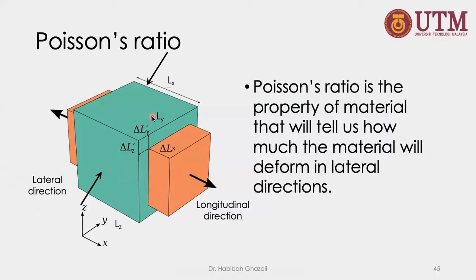However, in the lateral direction, for example, this is the X direction, which follows the direction of the load, and Z and Y are the cross-section directions. So the size in the Y direction and the size in the Z direction are decreased after the load is applied.